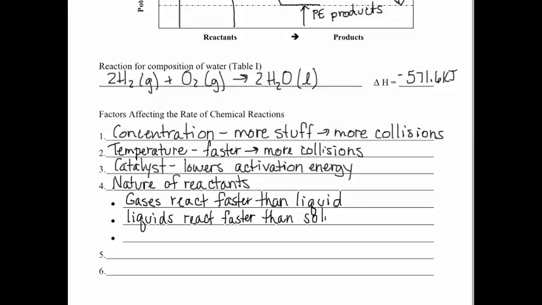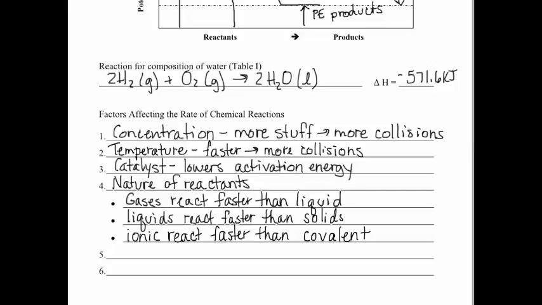In fact, solids are pretty inert typically, and if you wanted them to react, you'd typically either melt them or dissolve them to get them to do something. This last one, though, might not make a whole lot of sense to you, but it's only because we haven't finished discussing bond types, and that is that ionic compounds react faster than covalent. And ionic compounds are salts. And shortly we'll be talking about the difference between ionic and covalent, but essentially salts are when you have a metal bonded to a nonmetal, and covalents are when you have two nonmetals bonded to each other.